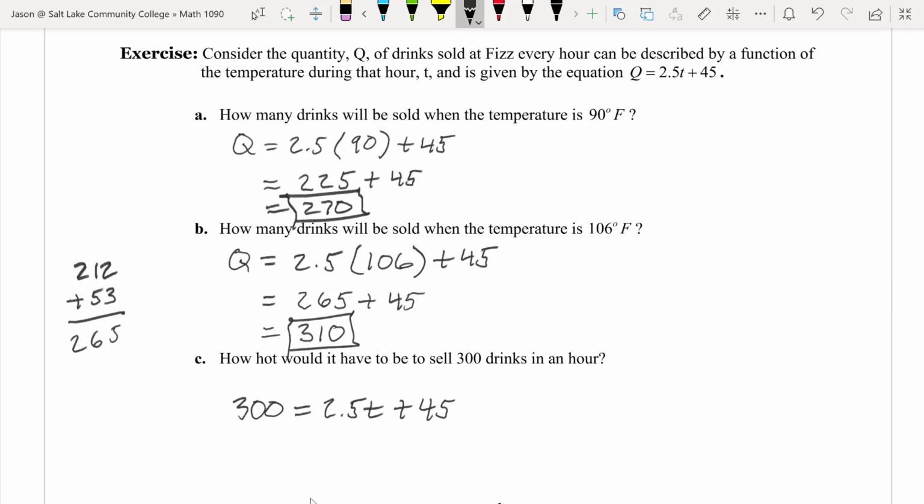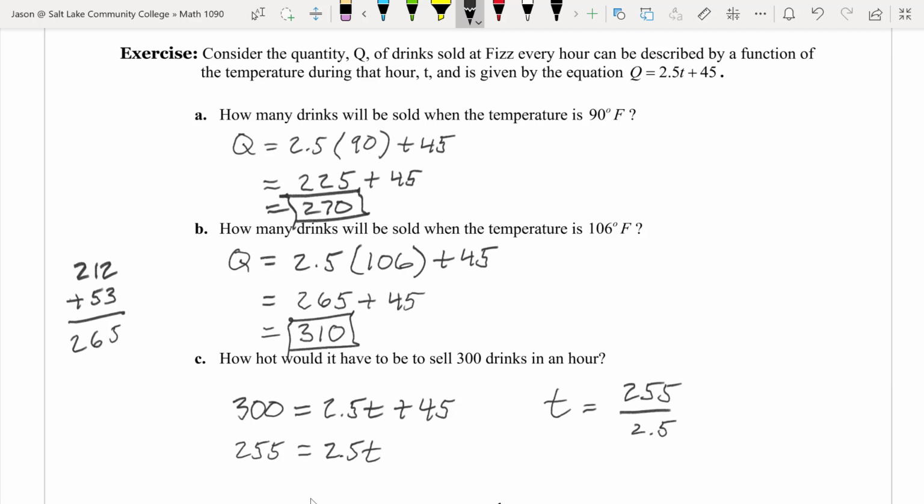We know Q and we want to solve for T. Okay, so we can solve this equation by subtracting 45 from both sides, and we get 255 is equal to 2.5 T. And now I divide both sides of the equation by 2.5, and I get T is equal to 255 divided by 2.5.